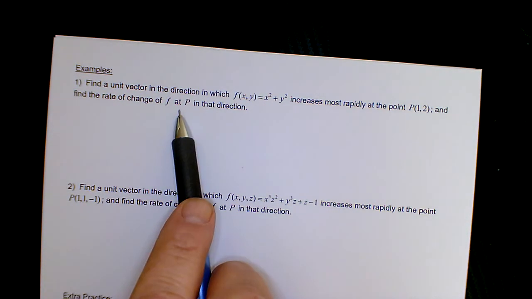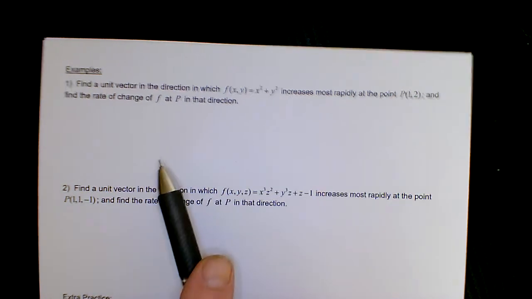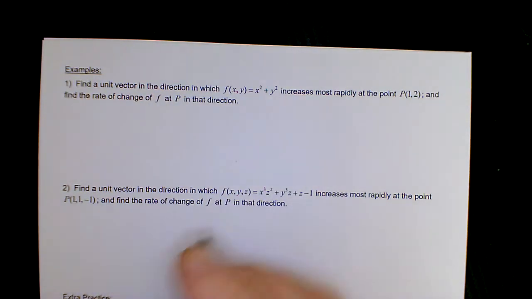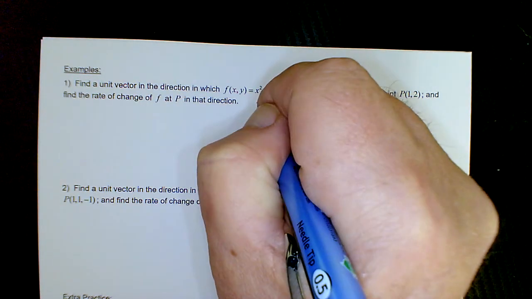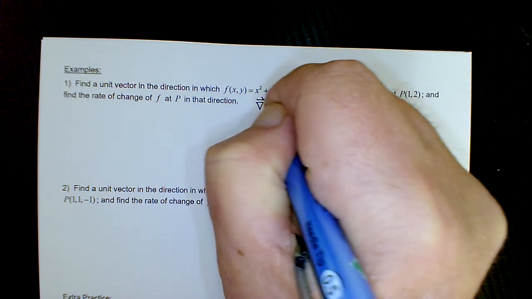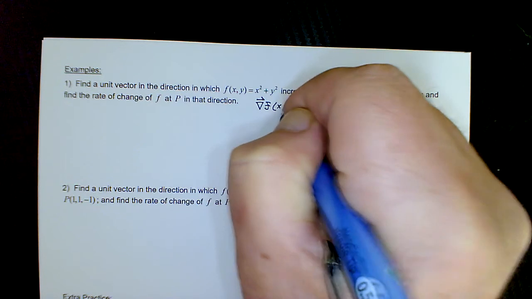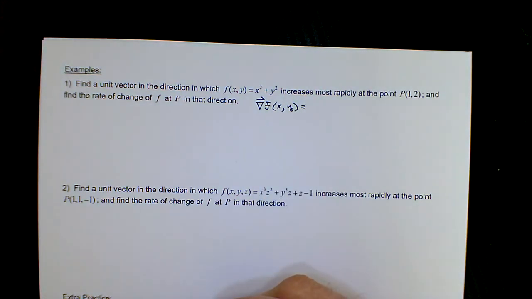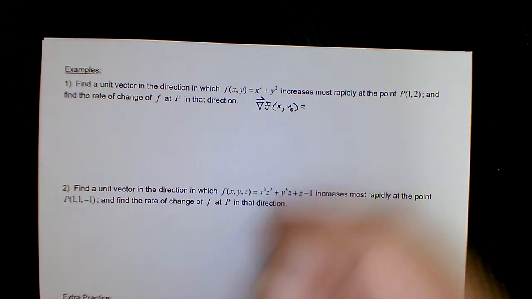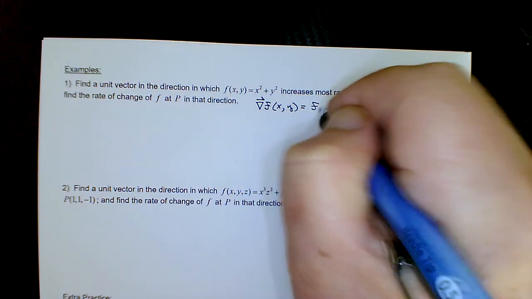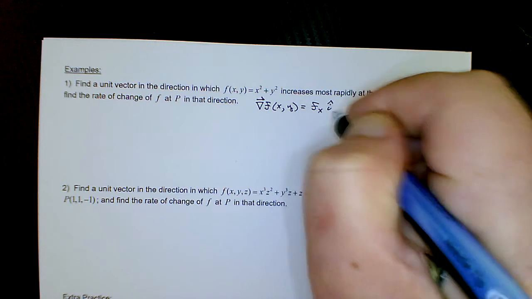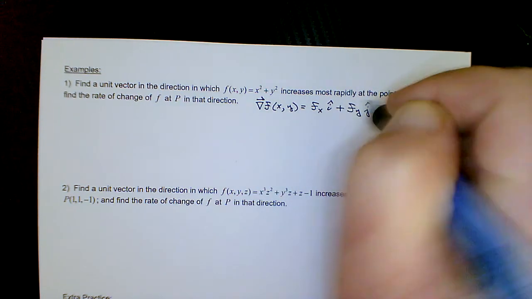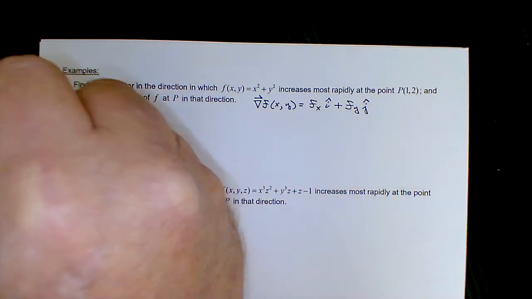So recall the formula for the gradient, which will give us the vector where the maximum increase is, and that is, without using functional notation, f sub x times i plus f sub y times j, which of course means partial of f with respect to x times i plus the partial of f with respect to y times j. And so we'll find the partials.